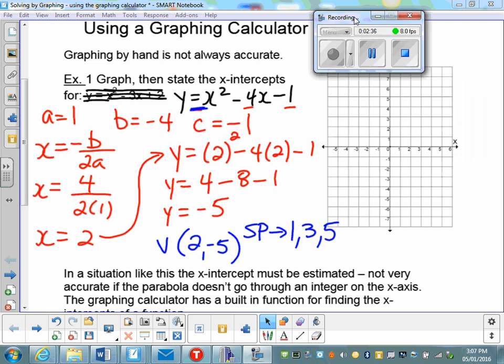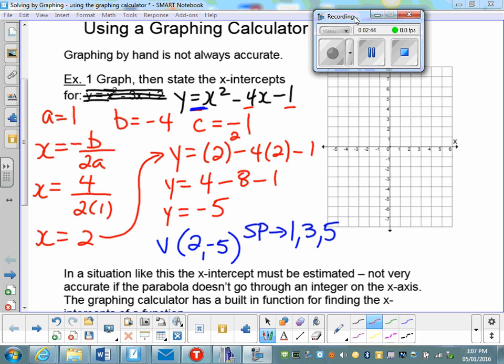So if I plot that information on the graph, I go to 2, negative 5. That's where my vertex goes. And then I'll count the step pattern from there. It is opening up, so I'm going to step over 1 and up 1, over 1 and up 3, over 1 and up 5.